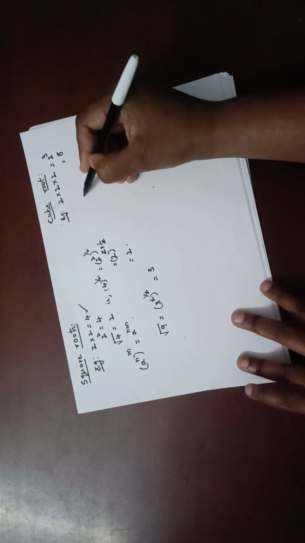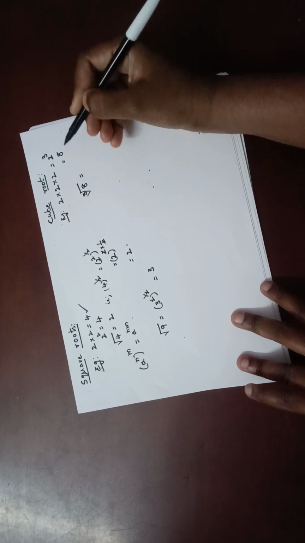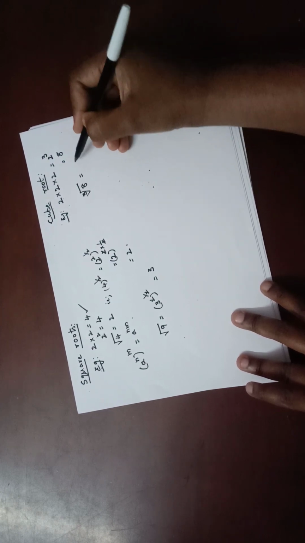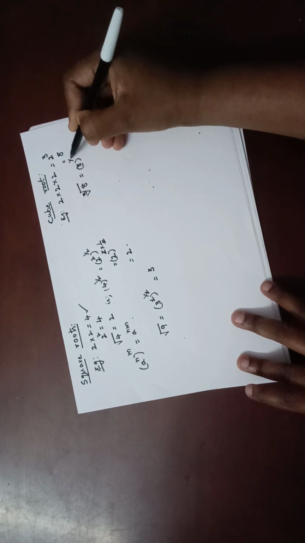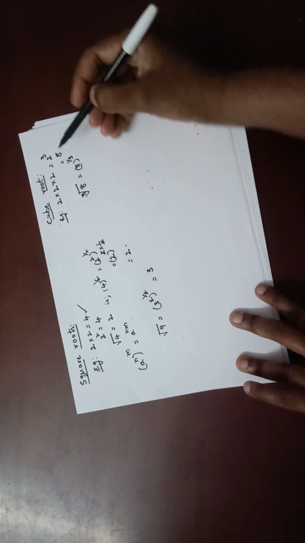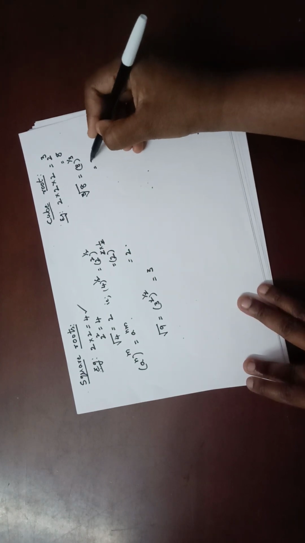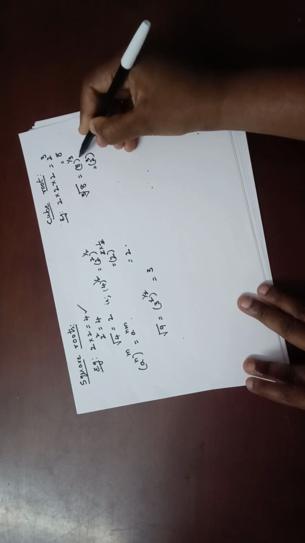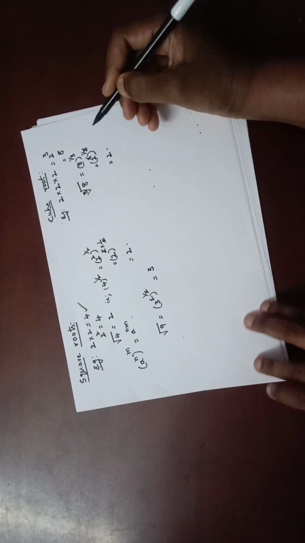Then cube root value of 8 equal to how much? Means 8 to the power of 1 by 3. Square root means to the power of 1 by 2, cube root means to the power of 1 by 3. So what is 8? 2 cube whole to the power of 1 by 3. 3 gets cancelled. What is the value? 2.